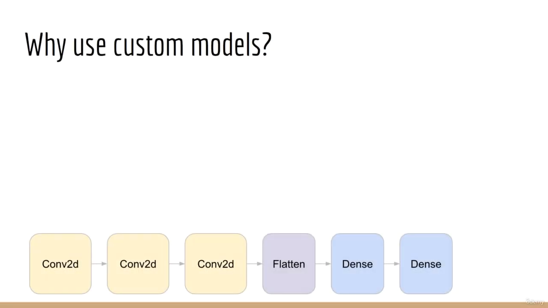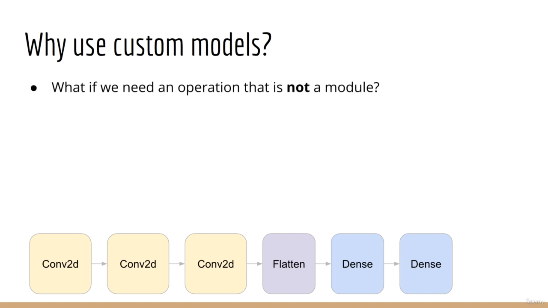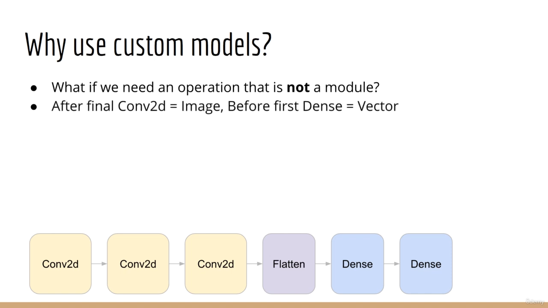So why might we want to build a custom model instead of just doing what we've been doing so far? Well, sometimes we need to do an operation that is not a module. For example, you know that the interface between the convolution layers and the dense layers in a neural network is a flatten. So after all the convolutions and before all the dense layers, we must flatten the data so that it fits into those respective layers at the boundary between these two different kinds of layers.